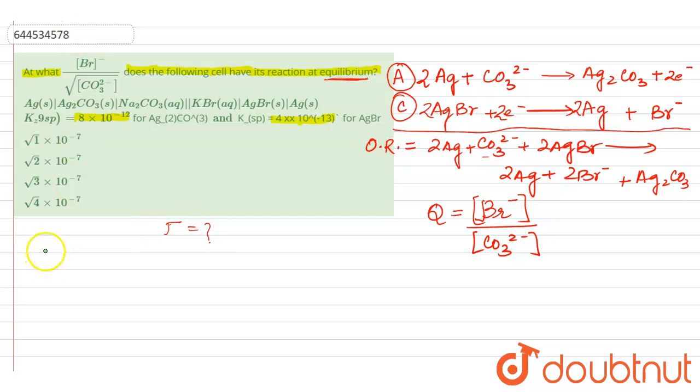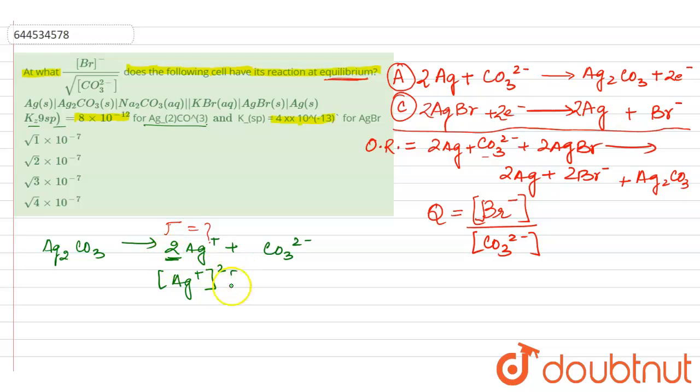Now we will see Ag2CO3 given. Ag2CO3 breaks into 2 moles of Ag plus and CO3 2 minus. Here the KSP of Ag2CO3 is given. For the KSP, we know that KSP is given by Ag plus to the power 2, because the stoichiometric coefficient goes in the power, into the concentration of carbonate.